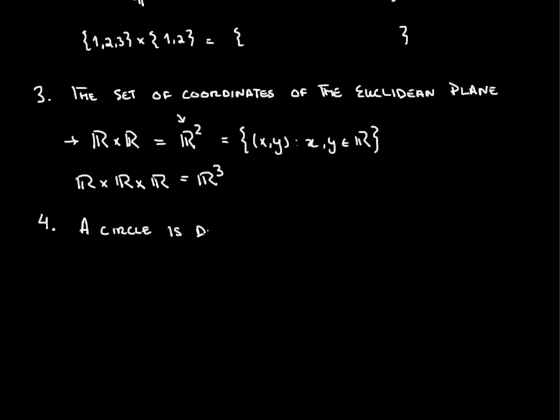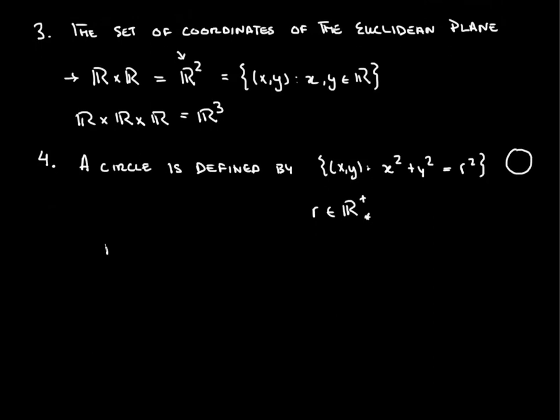So a circle is defined by the set of pairs (x, y), such that x squared plus y squared is equal to r squared, if our circle is of radius r, where r is a positive real number, remember, we can write this as R plus with an asterisk. So this would be our circle.